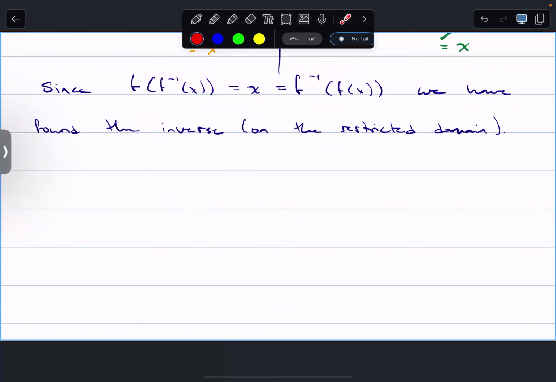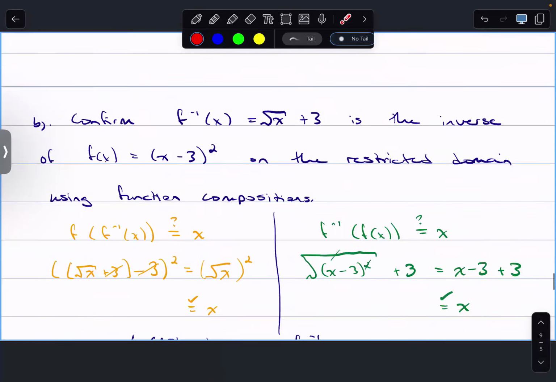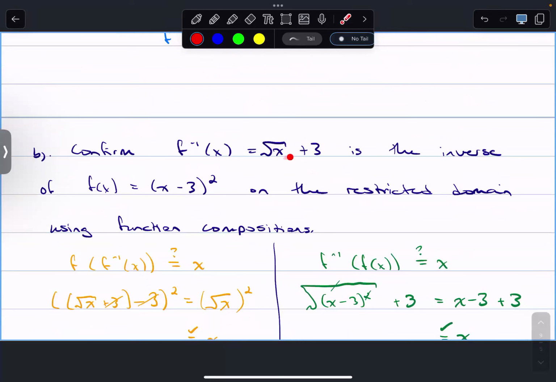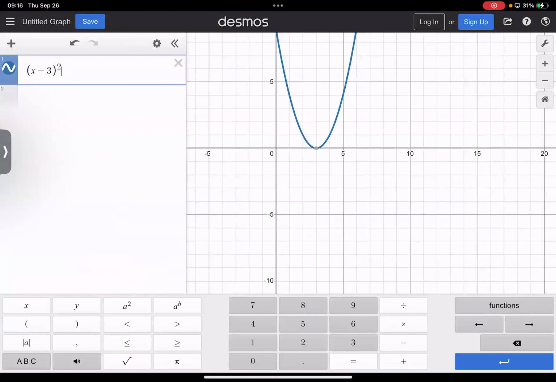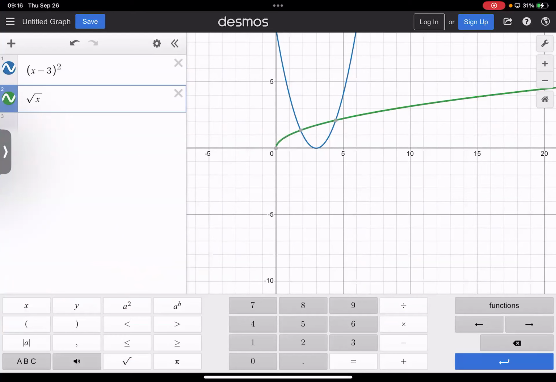So what does the inverse look like if we graph it? So now we know that the root of x plus 3 is the inverse on this restricted domain. Okay, so let's see, what does that look like? The root of x, and then step it out, plus 3, so you don't have the plus 3 under the root.